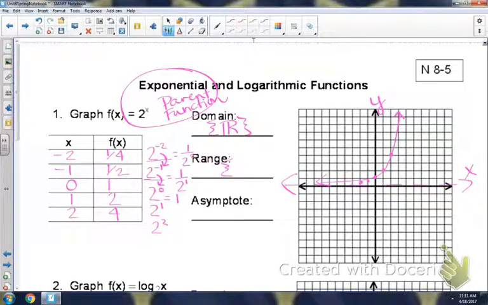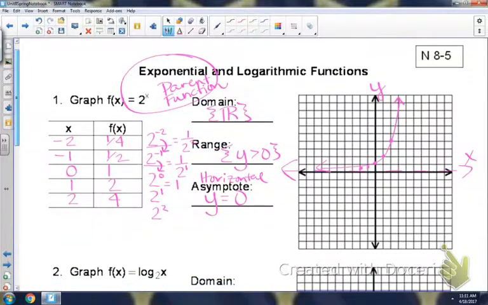So it's everything greater than 0, but it doesn't include 0 because of that asymptote. Anytime you have an exponential function, you're going to have a horizontal asymptote. Okay? This case, it's at y equals 0. Alright, so that's our exponential parent function.